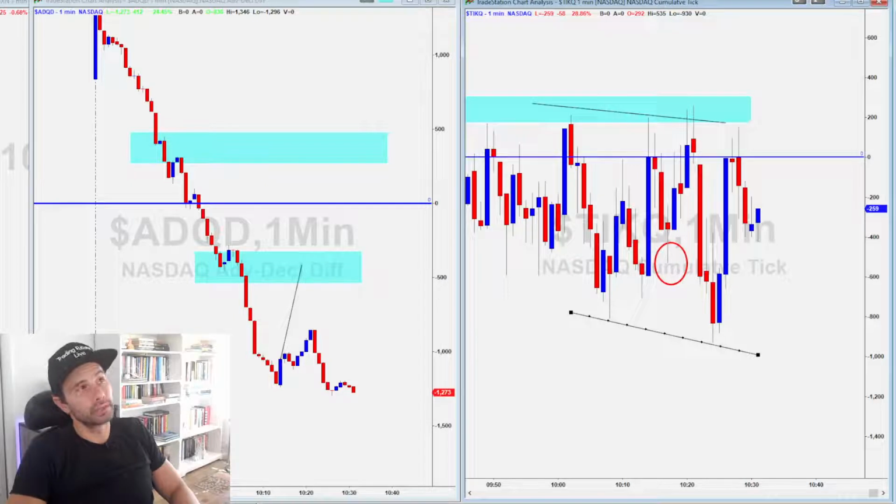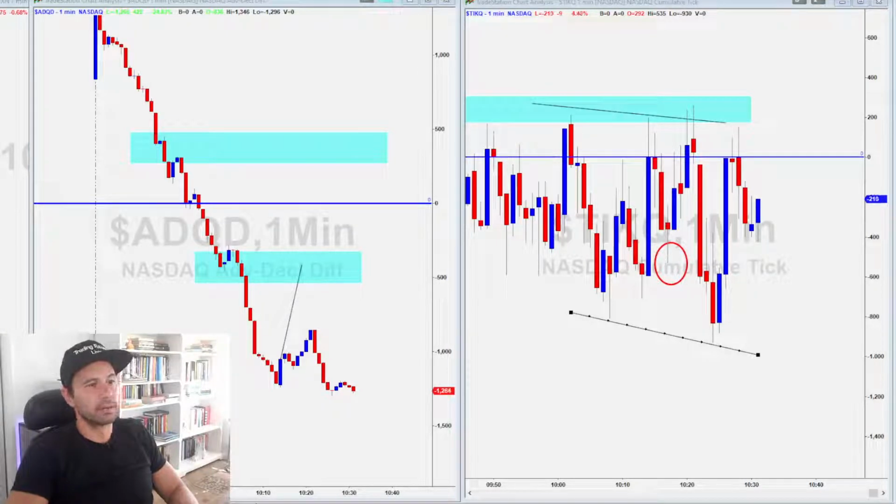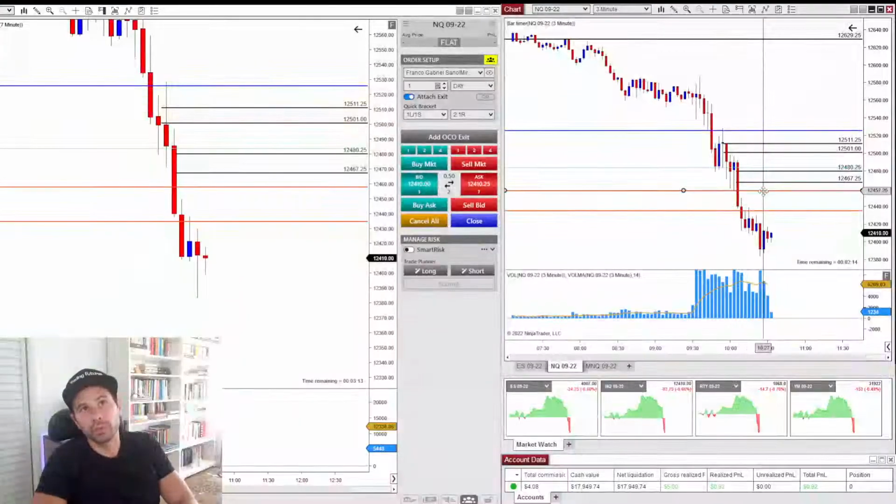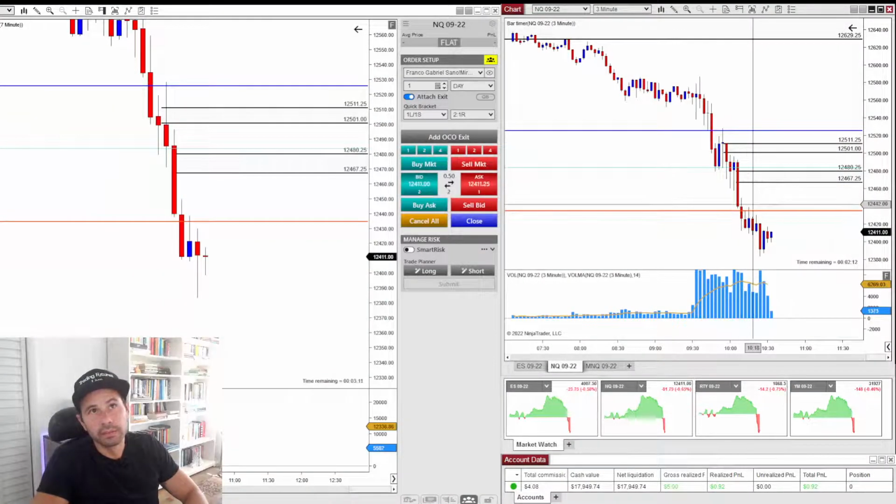Now the short, depending on the location. The closer to current price, the lower the probability of my trade. Meaning, if I want to short suddenly from, let me transition here, let's say I want to put a short right here. Compared to this location, let's say I have this short, and then I have this short, and then this short.